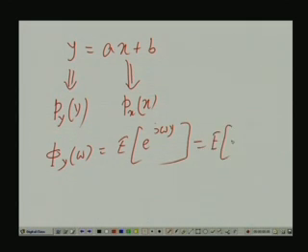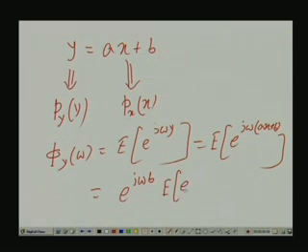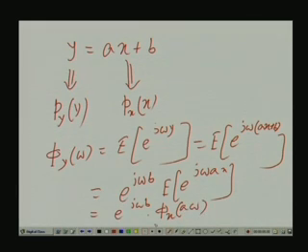So, this is again the expected value of e to the power j omega (a x plus b), and you have this quantity e to the power j omega b outside the expected value of e to the power j omega a x, which means e to the power j omega b times phi_x, not omega, but a omega. Okay. This is a very useful relation and used in practice.